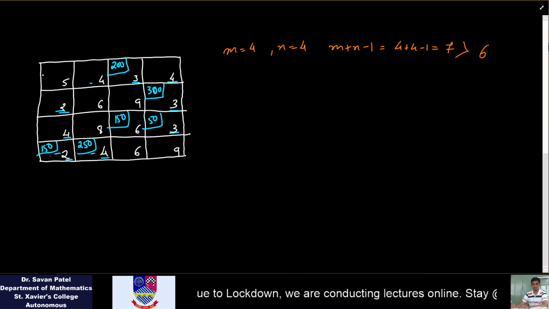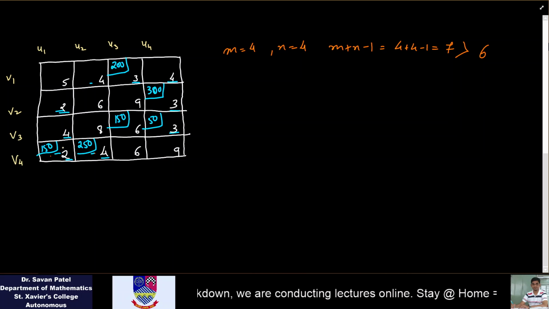Let me show you. Here I am taking U1, U2, U3, U4, V1, V2, V3, V4. You can take anyone to be 0. I am taking V3 to be 0. So here it is 3. So this is 3, since this is 0. And since this is 6, this must be 6.